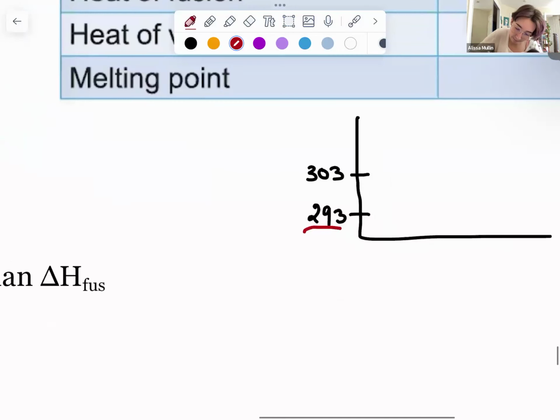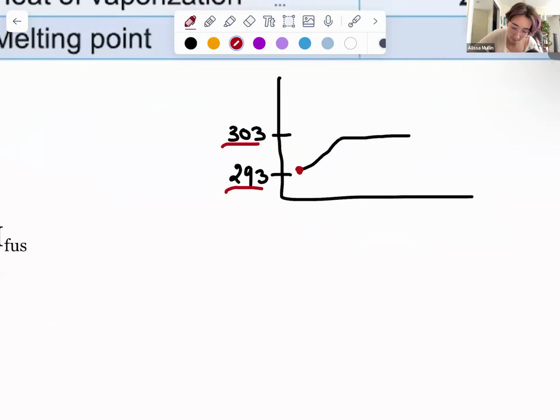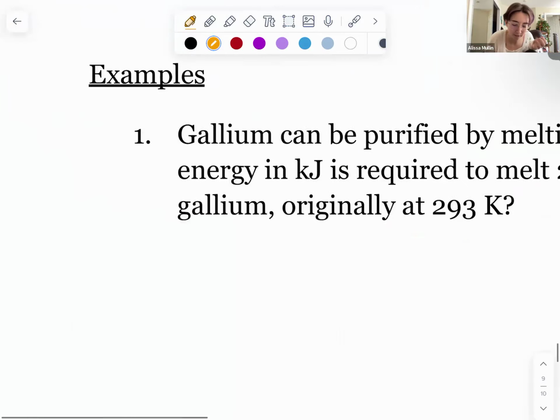I need to raise it up to this temperature and then go through the process of melting it. Starting point, ending point. These are two separate heat processes. To calculate this, we're going to have to consider both of those Q's and add them together. And I totally did not give you enough space in this spot. I'm so sorry, but try your best.